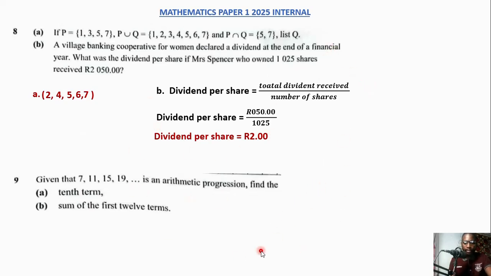All right, so let's create some space. We are now going to first find the formula that we need to find the nth term. So we said the nth term is equal to the first term. A is the first term, mind you. So first term plus open brackets n. n means number of terms.